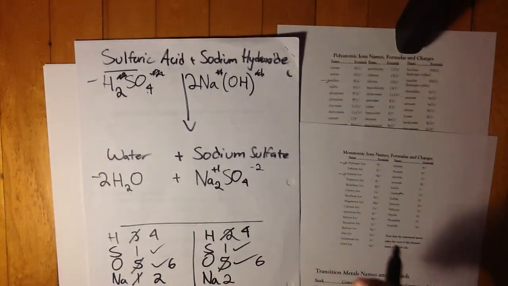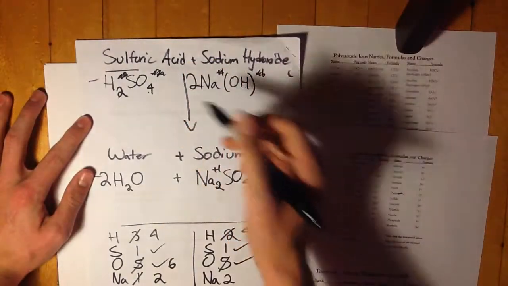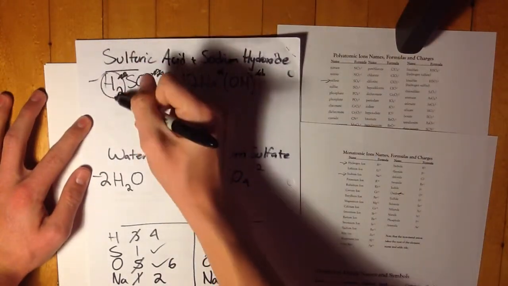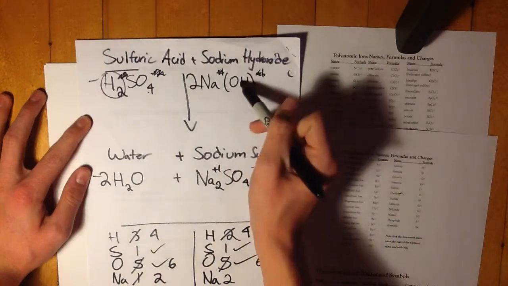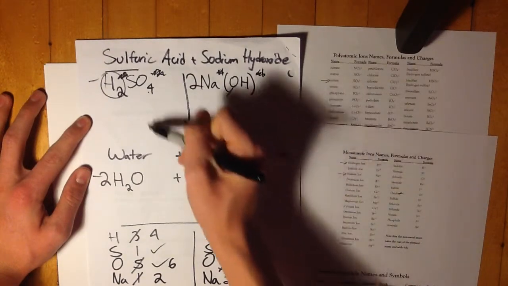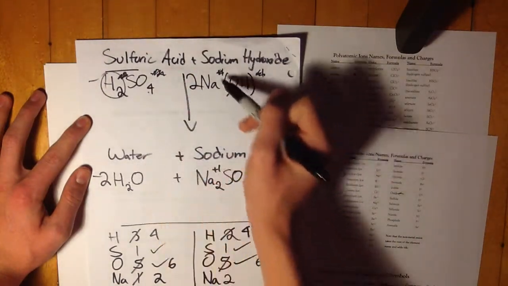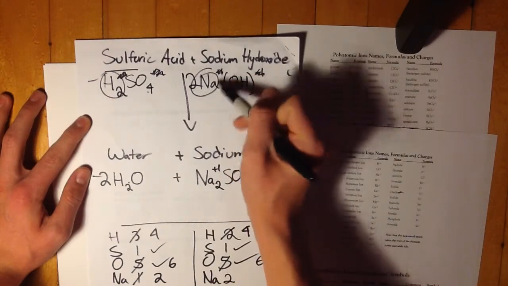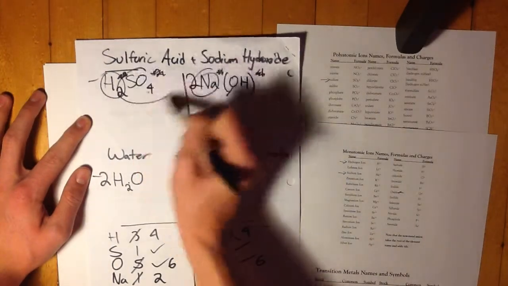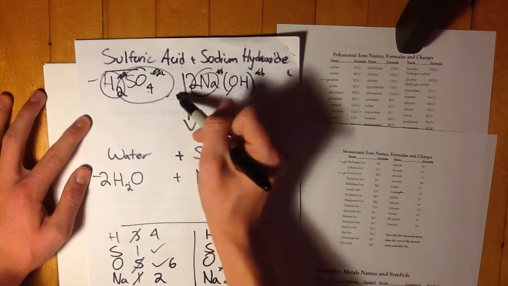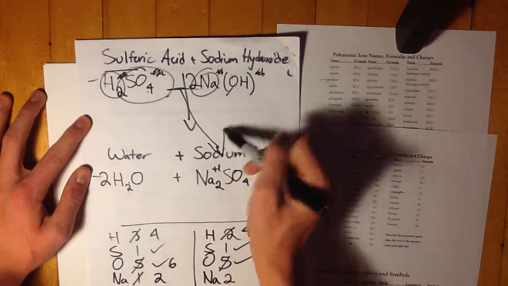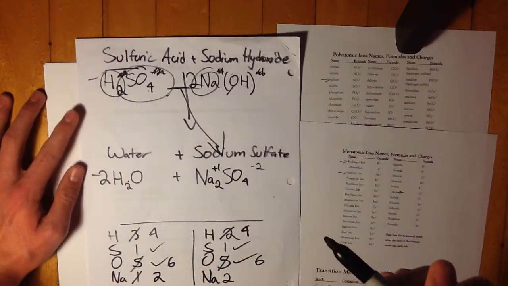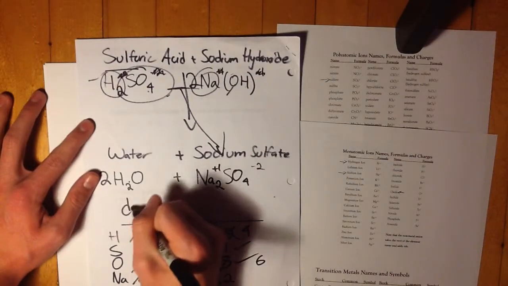The final step is naming this, and because the hydrogen switches over with the oxygen here to make water, and the sodium from this side and the sulfate from this side combine and switch to make sodium sulfate, we can call this a double displacement.